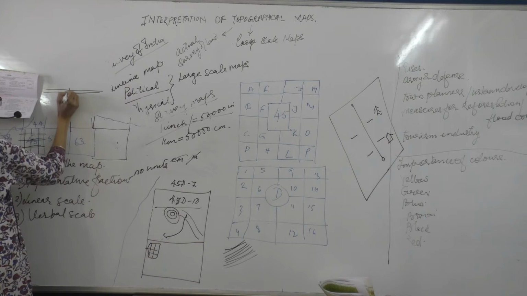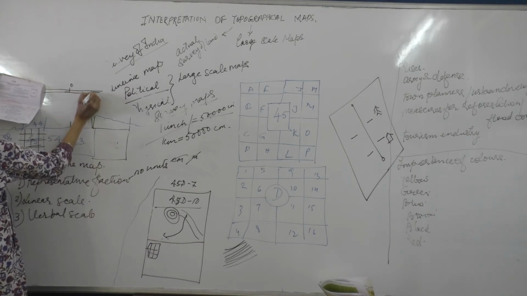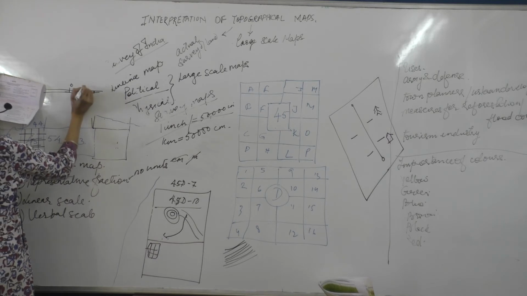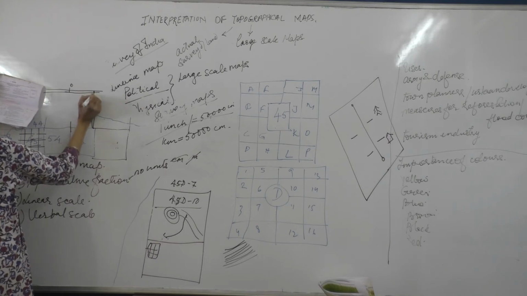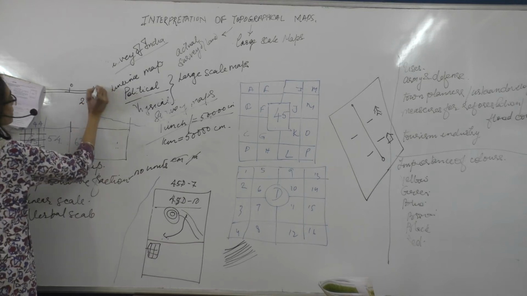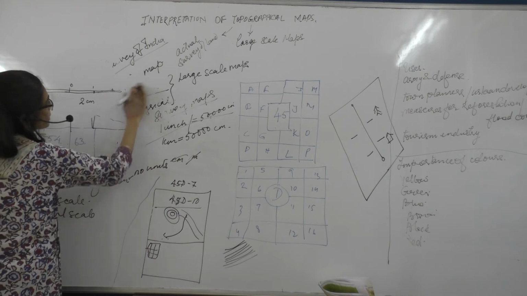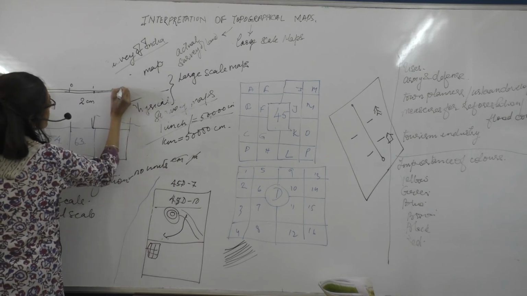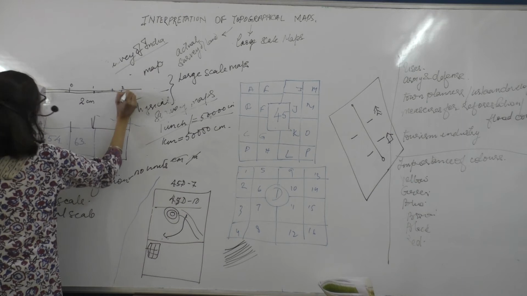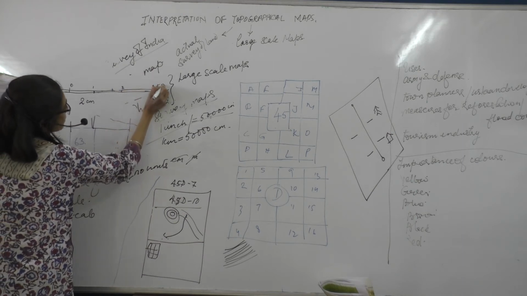Over here is your 0, and then after 2 centimeters, it is saying 2 centimeter. Here, at the end of it, it is written kilometers.